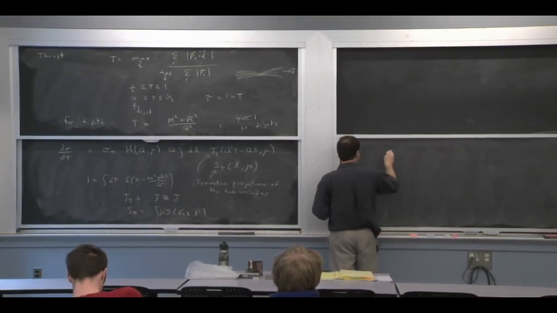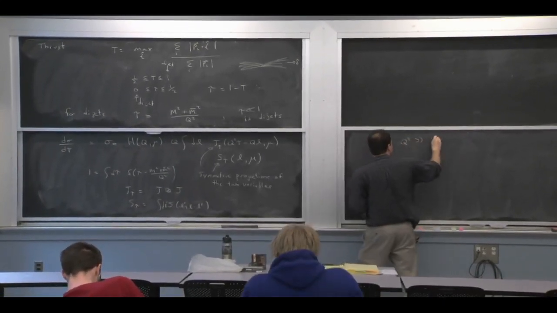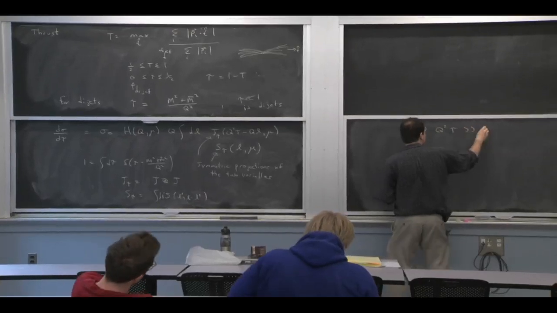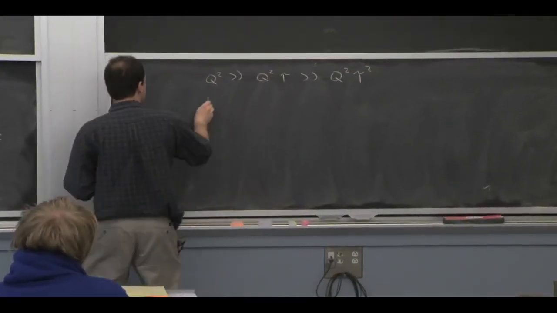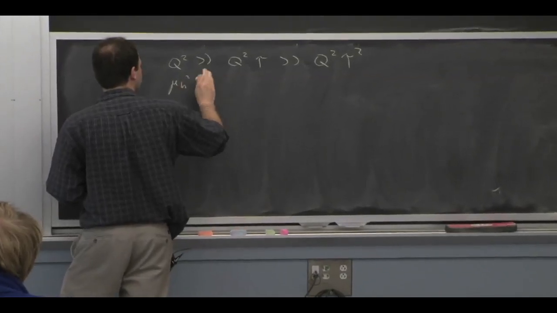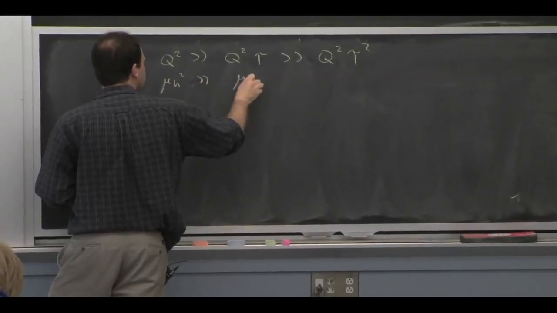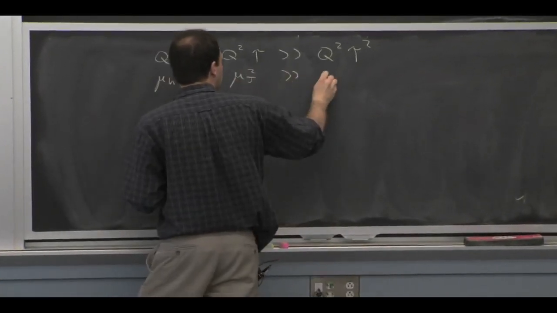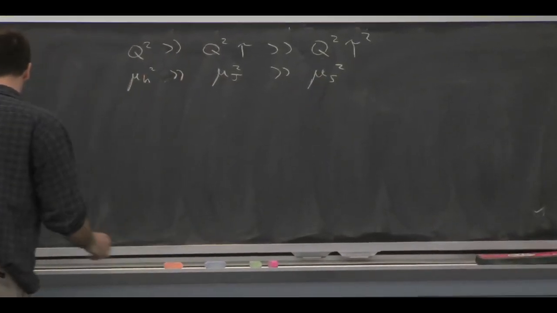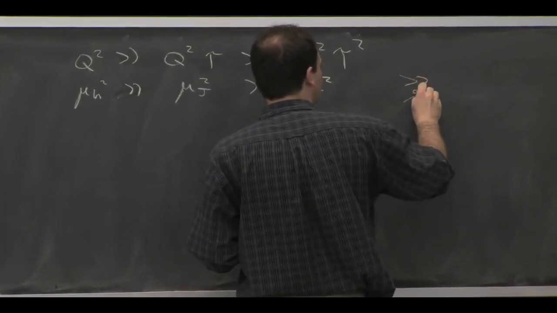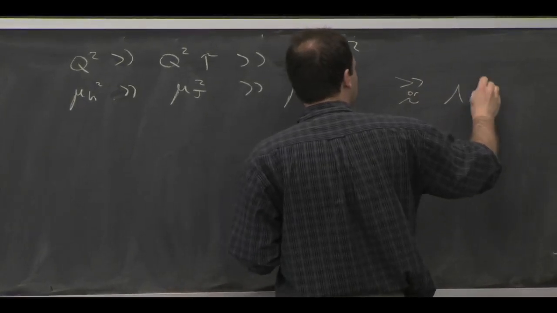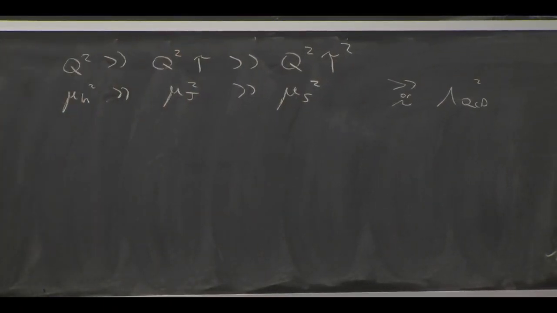All right, so in the thrust case, what we said about masses carries over to a formula like this, where mu_H squared is much bigger than mu_J squared, much bigger than mu_S squared, and then that could be much greater than or of order lambda QCD squared.